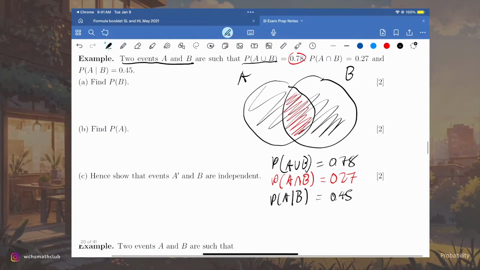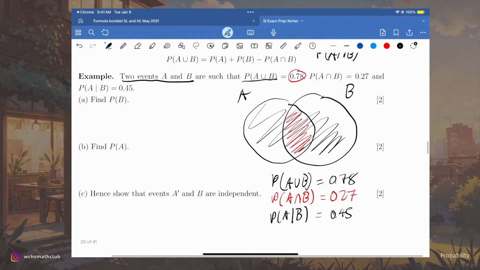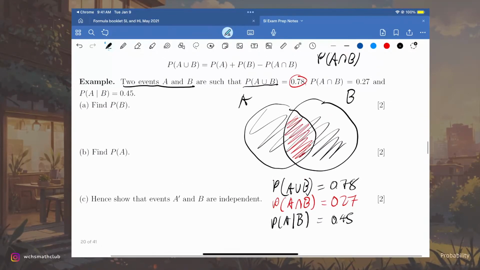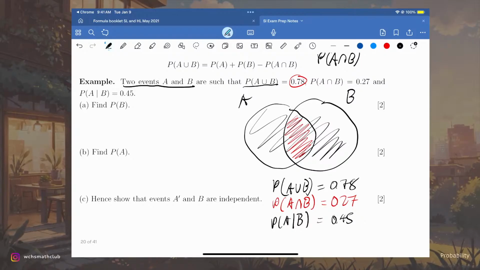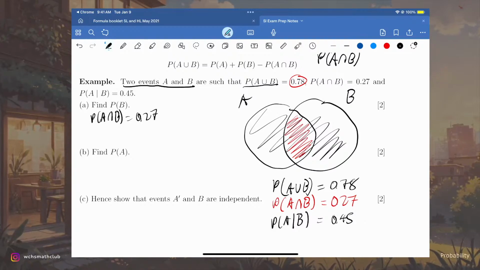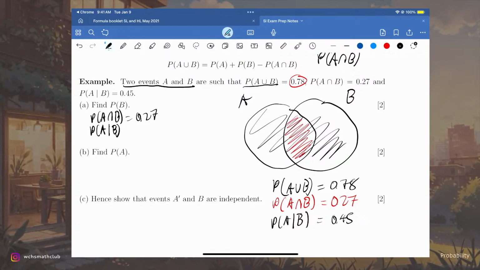First of all, we're going to consider A intersect B, which is equal to 0.27. That's the probability in the middle. And now you have the probability of A given that B happened is equal to 0.45.